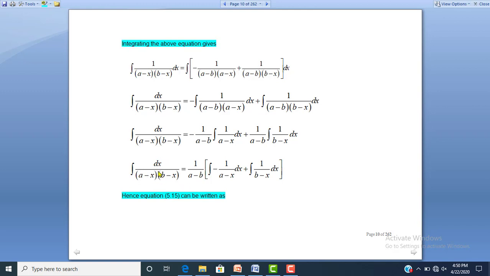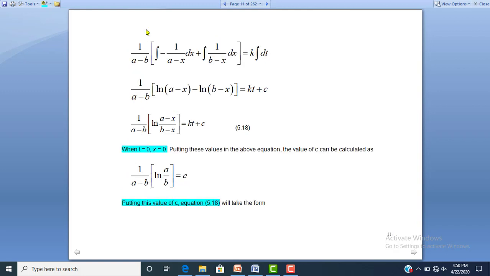So now we will write equation 5.15 as following: 1 over A minus B into integration of minus 1 over A minus X dx plus integration of 1 over B minus X dx is equal to rate constant k into integration of dt.